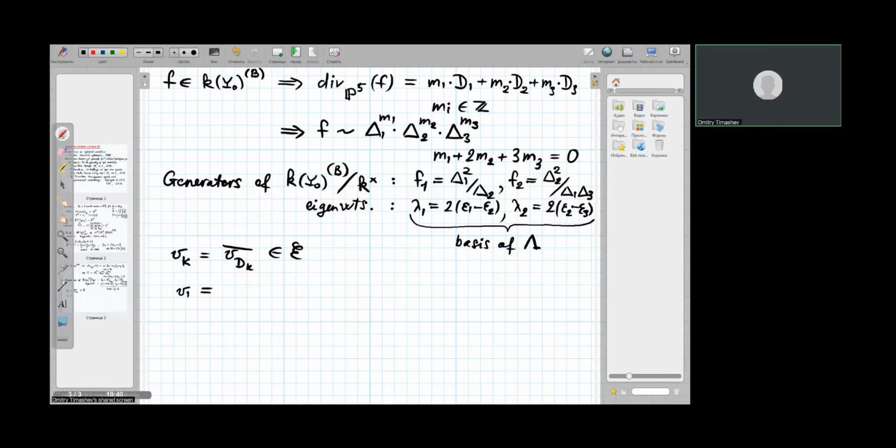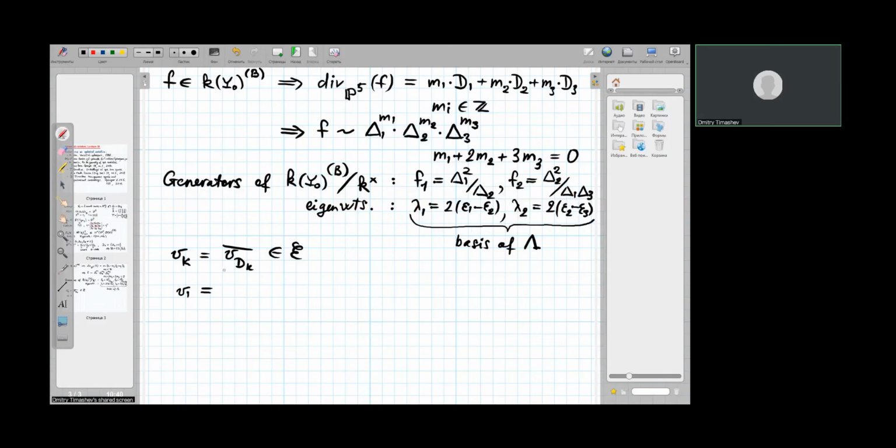So for instance, if you take v1, then the pairing of this vector v1 with lambda 1 should be equal to the vanishing order of f1 along d1. This vanishing order is 2 because we have delta 1 square in the numerator of this fraction. So the pairing with lambda 1 is 2, and the pairing with lambda 2 is -1, because here delta 1 is in the denominator. It is easy to write down such a vector.